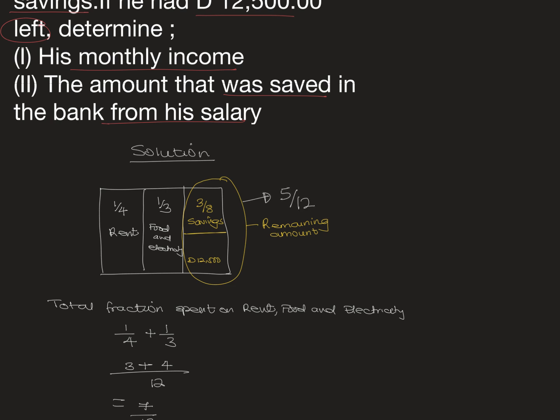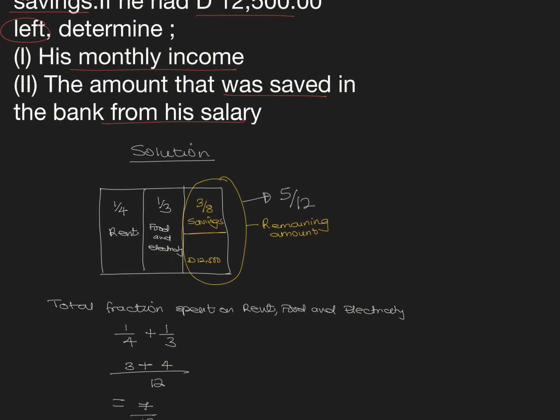So what does that mean? It means out of this 5/12, 3/8 went into savings. So there has to be a fraction here that was proportional to the amount that was left with the principal, which is $12,500. So remember, 1/4 of his salary went to rent. 1/3 of his salary was spent on food and electricity.